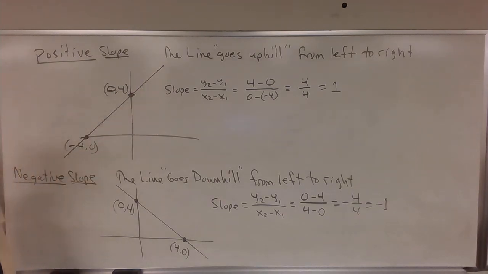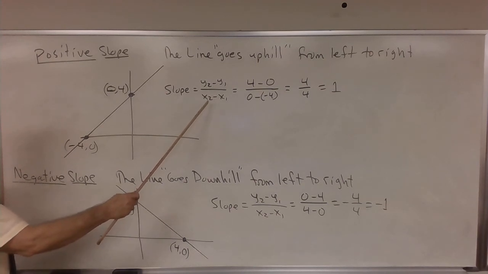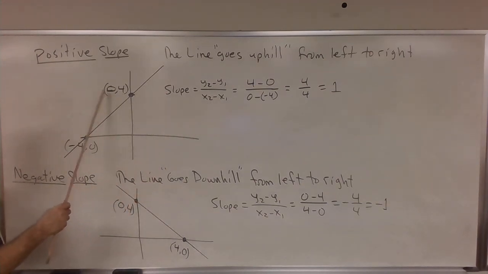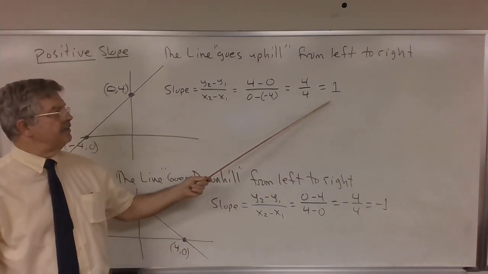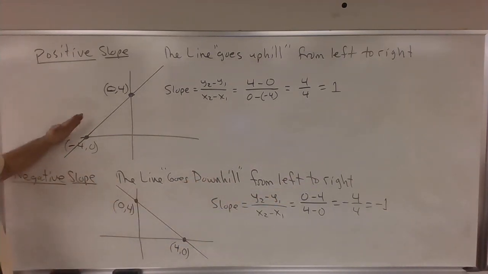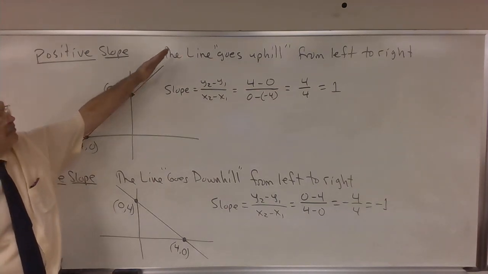And if we compute the slope, we'll let this be x1, y1, x2, y2. So the slope is y2 minus y1, that's 4 minus 0, over x2 minus x1, 0 minus a negative 4. And the slope turns out to be positive. And that's reflected in the fact that the graph goes uphill as we move from left to right.